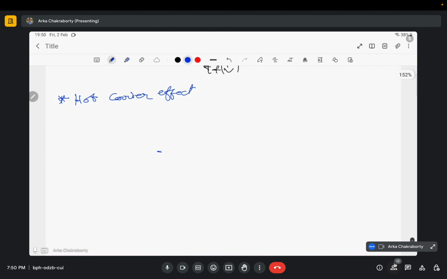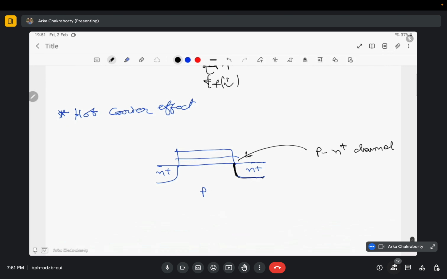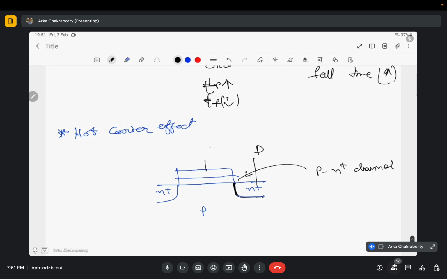See, in the previous class we have seen, if you remember, this was my MOSFET structure, right? Basically this is a p-n plus junction, not a channel, this junction. Now, if you remember, I said that with the drain, the gate, the semiconductor and the source, this junction is reverse biased.